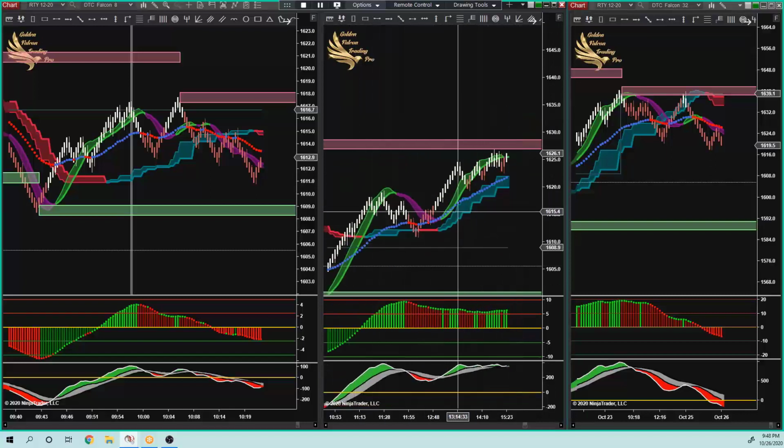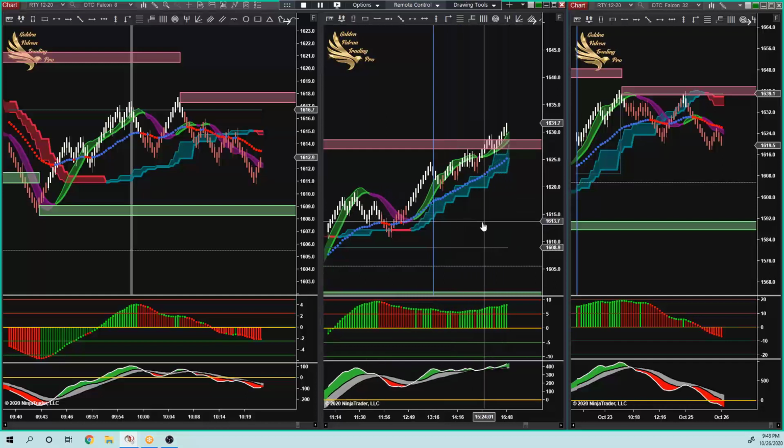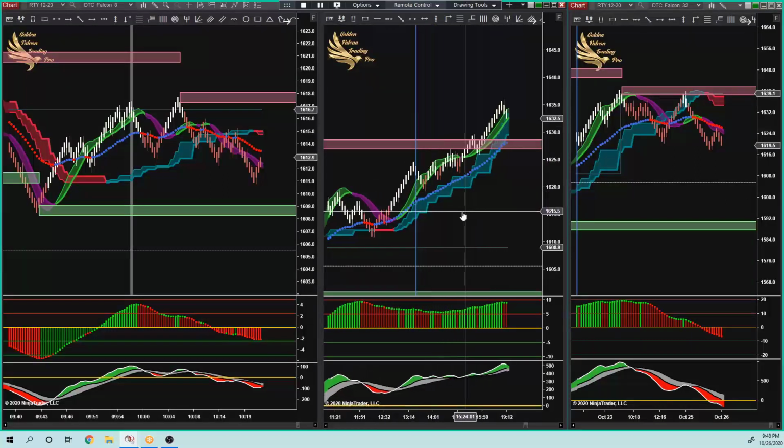So here's a push, hawk and traveler. Now here, this is what's interesting. You have a hawk that starts merging with the traveler right here, and then the price kept going up and up and up with the hawk and traveler merged.